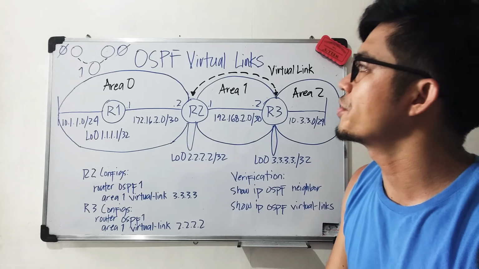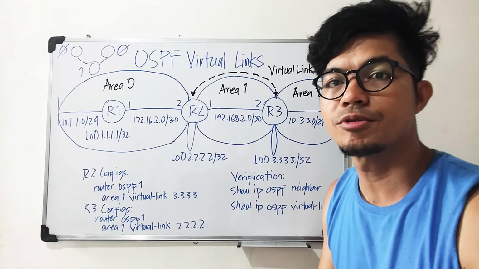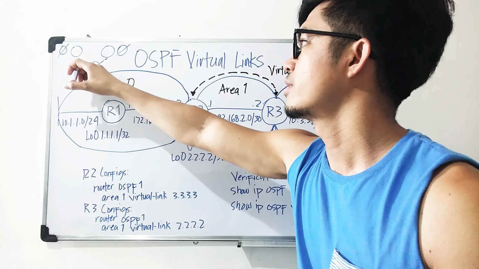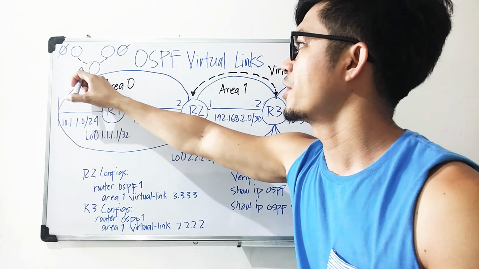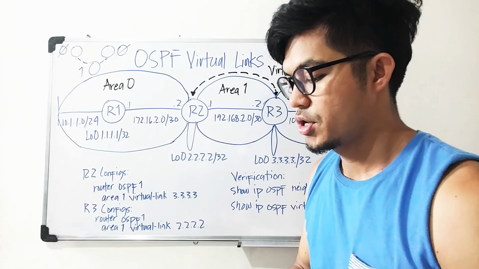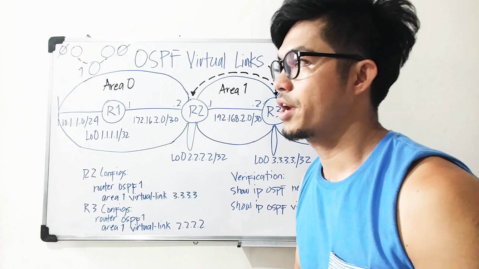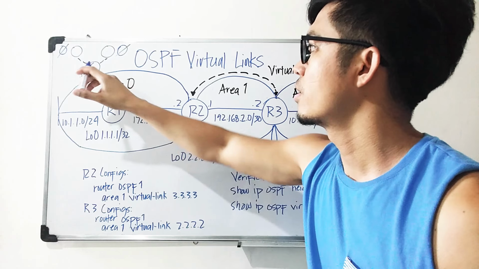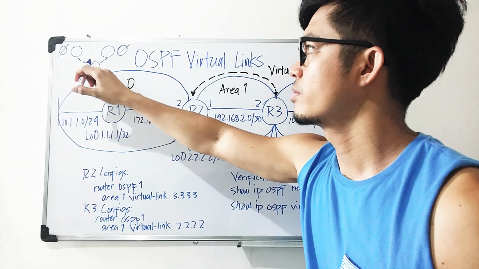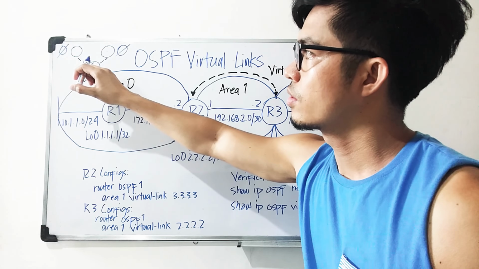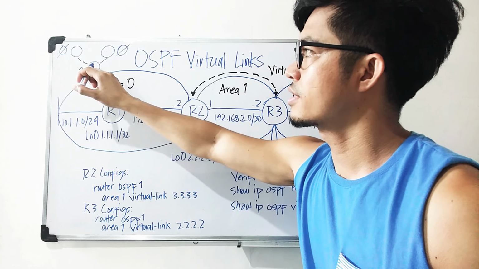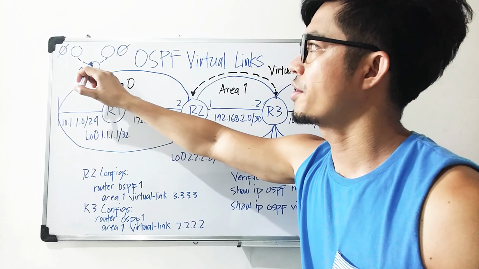You can also use a virtual link if you have this kind of topology. You have two area 0s and you have area 1 here. Of course, you should only have one area 0, so you need to connect your area 0s together and make it just one single area.